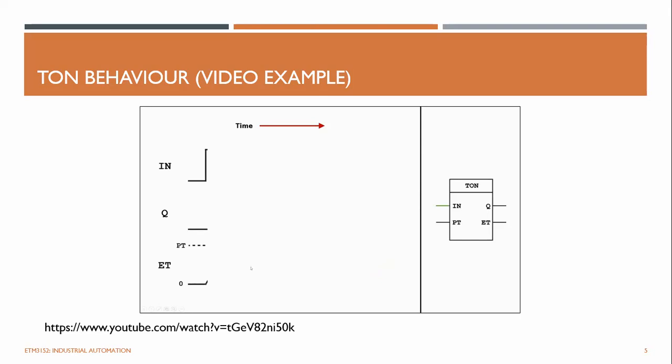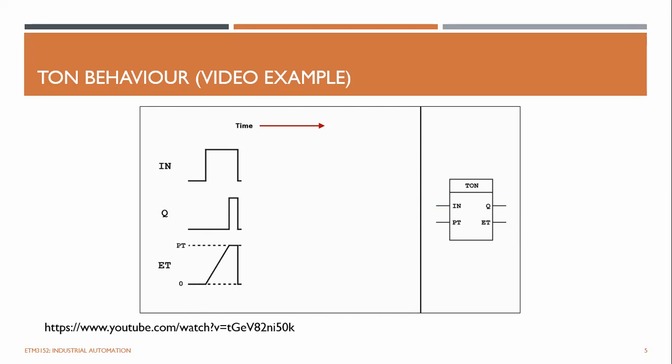After some time, the elapsed time has reached the PT or the preset time, which was the delay for the timer. And that means that the output will also be set now. As soon as the input is deactivated, the output will also be deactivated, and the elapsed time will be reset to 0.